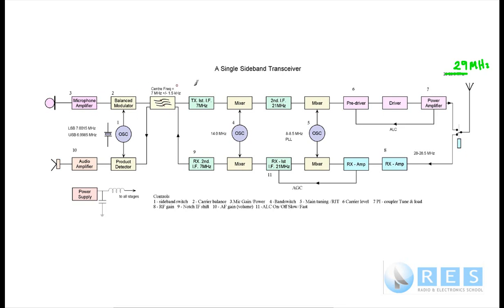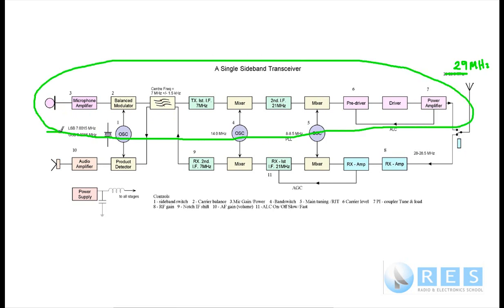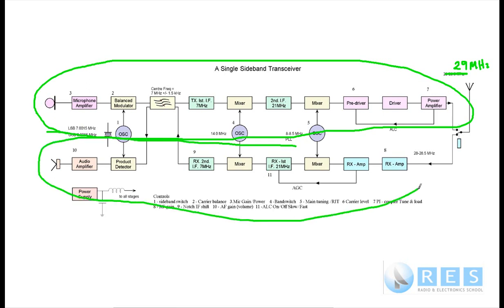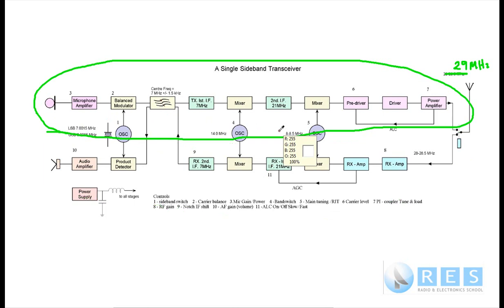This is a single sideband transceiver. This is the transmitter section, obviously with a microphone, and the lower section is the receiver, and there are some common stages, oscillators in particular, and a filter, common stages between both the transmitter and the receiver.